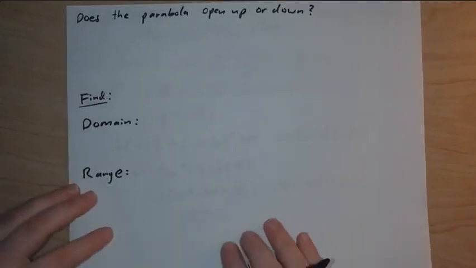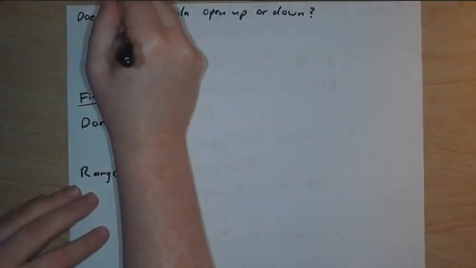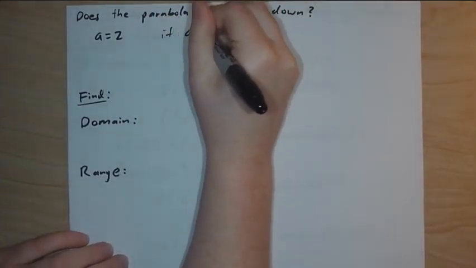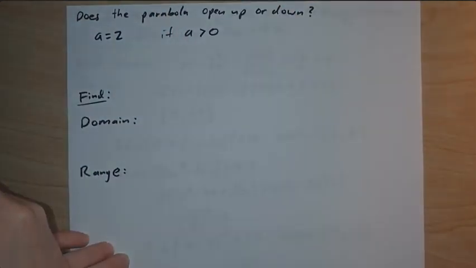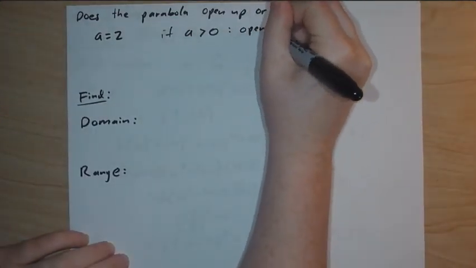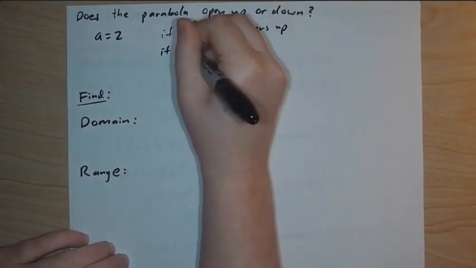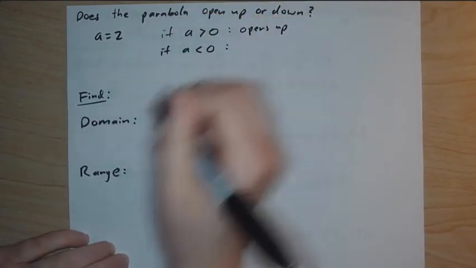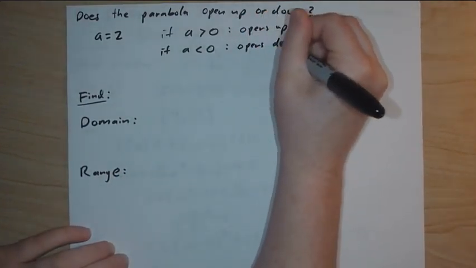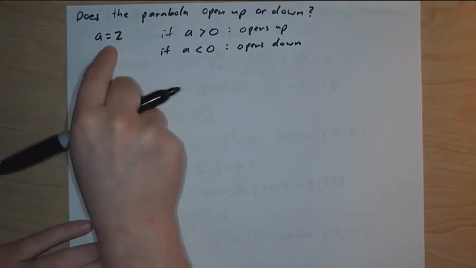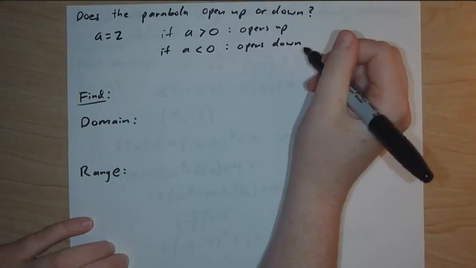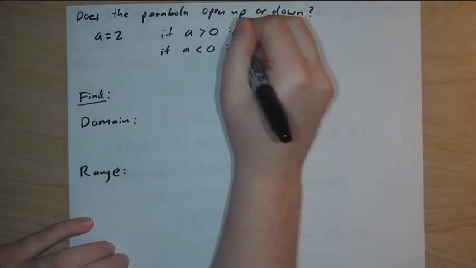So if a is greater than 0, that's another way of saying positive, then it opens up. And if a is less than 0, so if it's negative, then it opens down. We have a is equal to 2. 2 is greater than 0. It's a positive number. So we know that our parabola opens up.